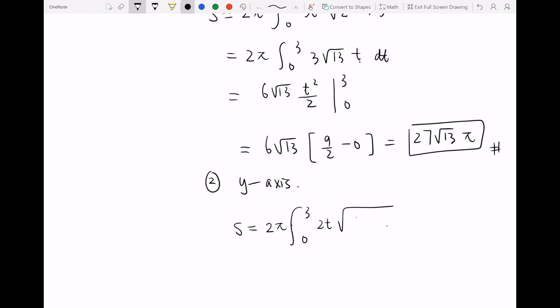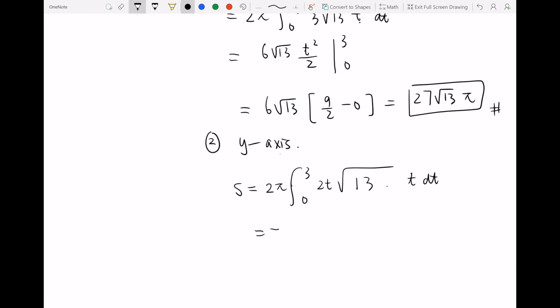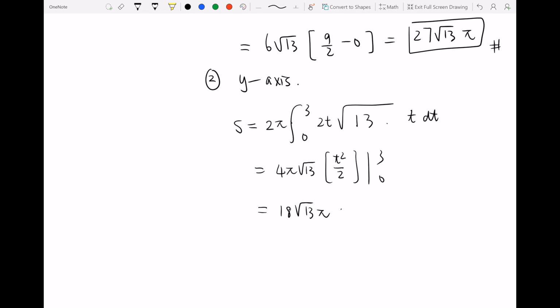So it's still square root of 13 dt, and the final answer is 4 pi square root of 13 times t squared over 2 from 0 to 3. You plug it in and get 18 square root of 13 pi. Perfect. Okay, is this one good, everyone, now?